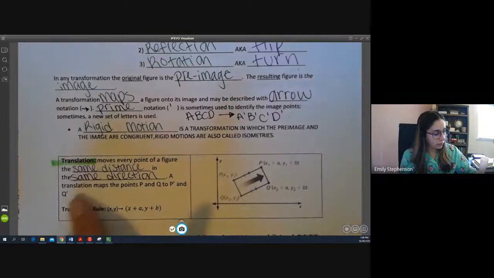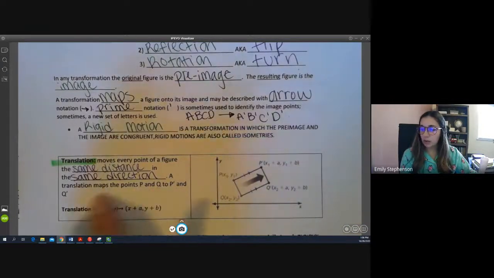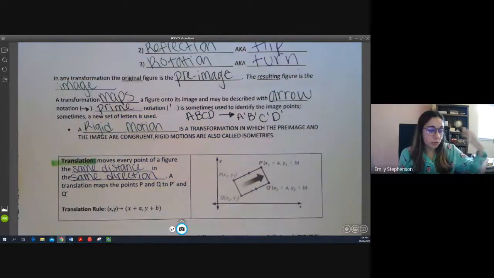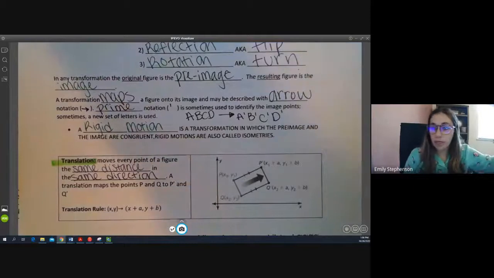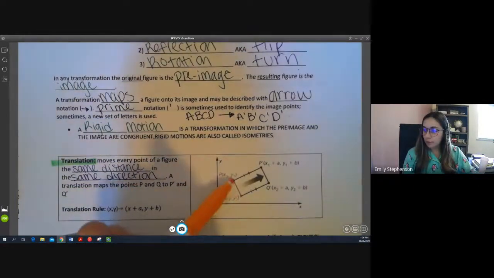Here it says the translation maps the points P and Q to P prime and Q prime. Remember that anytime you have the prime notation, you know that's your new shape. That's what happened after the transformation took place. So here we've got this point P and we've got this point Q.